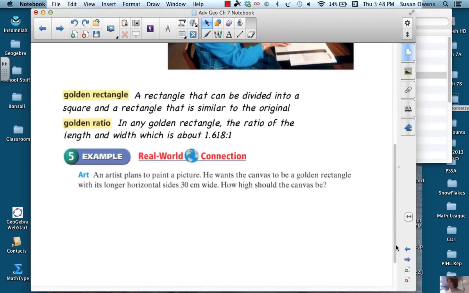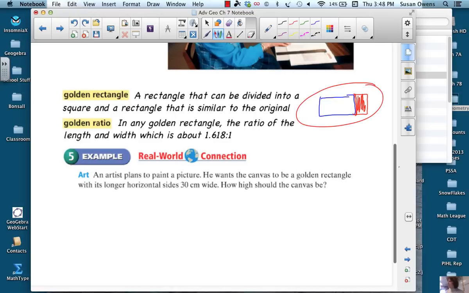We did a section on the golden ratio, but this is the book, and the book doesn't do much with this at all. So most of what we're going to do in the golden ratio is what we learned in class. So a golden rectangle is a rectangle that can be divided into a square and a rectangle that is similar to the original. If you start with any square, you can make a golden rectangle by putting a rectangle on the end such that the rectangle you added is similar to the whole one that you created.